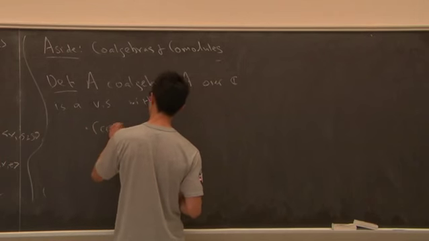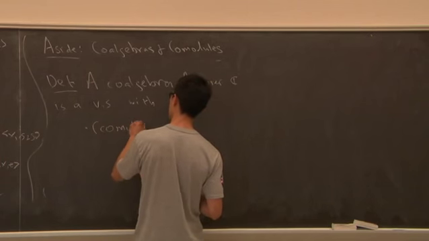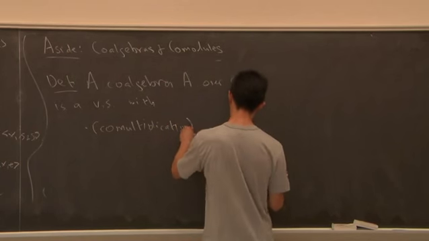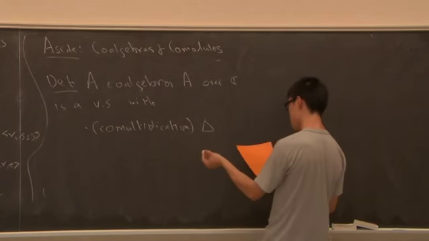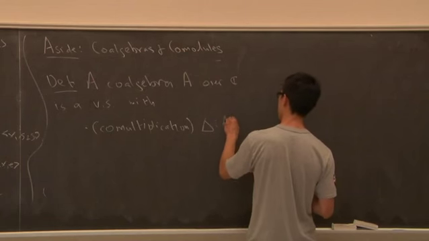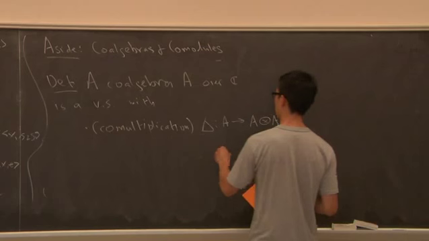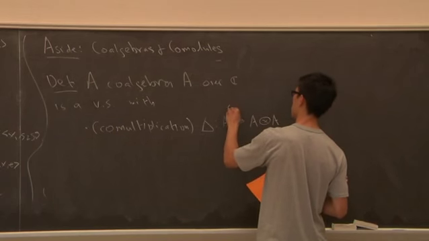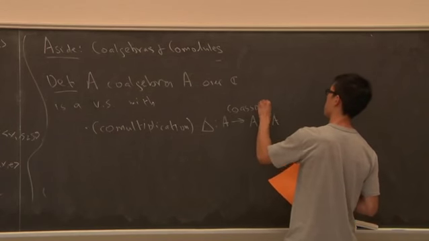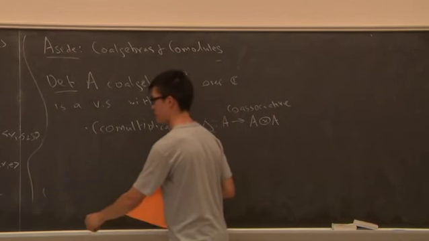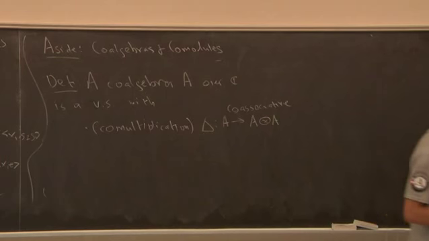So it's going to be a co-multiplication, and that's just some map, we'll call it delta, going from A to A tensor A. And this has got to be co-associative, meaning there's some diagram that's got to commute.